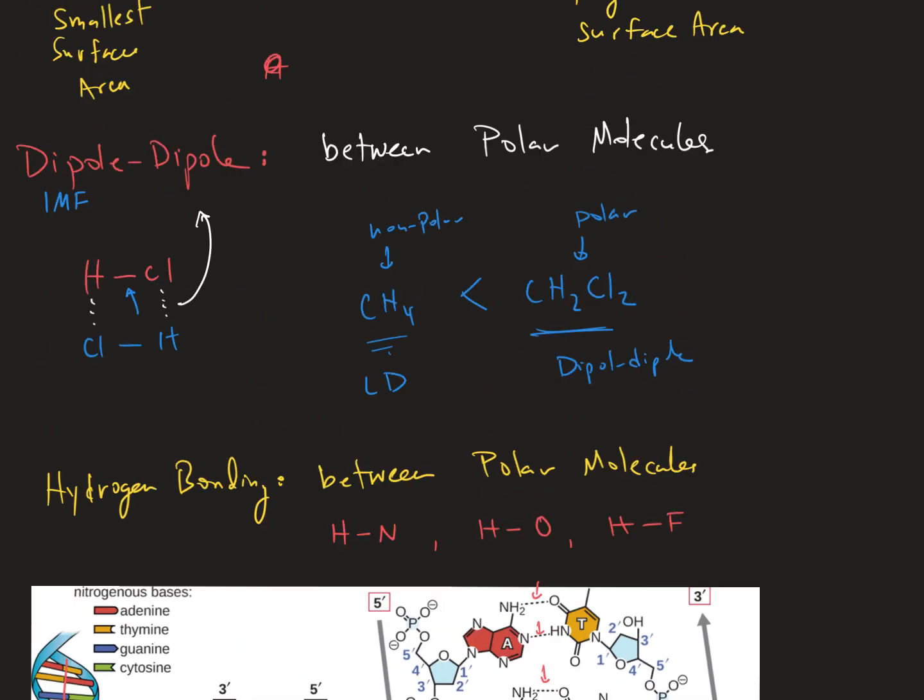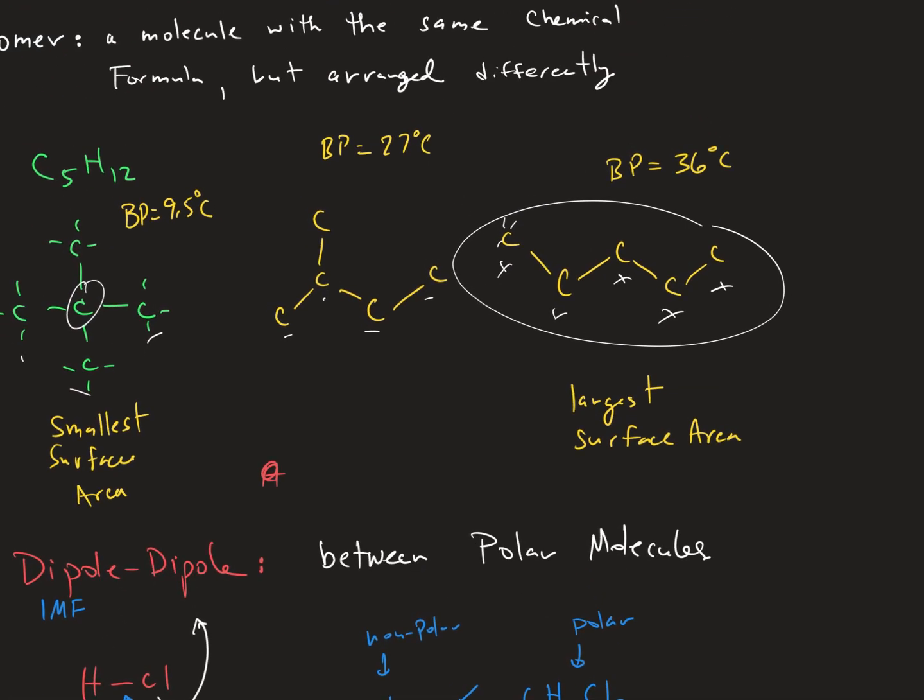Right here, we've got a lot of these different points of London dispersion. In oil, it's really long. It's a huge chain of carbon-hydrogen bonds. And you've got all those different London dispersion forces that kind of hold it together more. So that in turn makes it stronger than water would be, because water is just a small little guy.